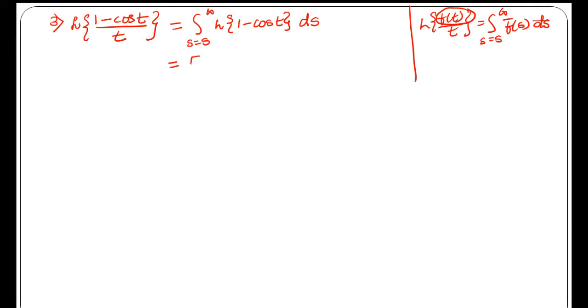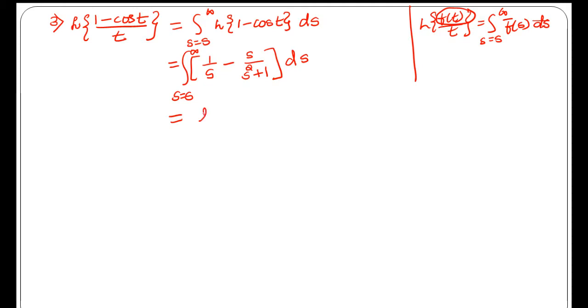Now we know that the Laplace transform of 1 is 1 by s. So that is the integration from s to infinity of (1 by s minus the Laplace transform of cos, which is s by s square plus a square, here a is equal to 1) ds.